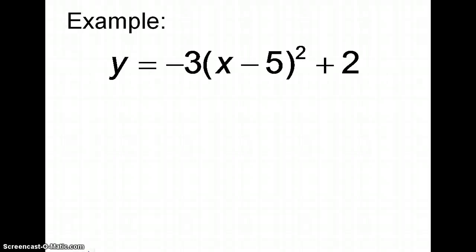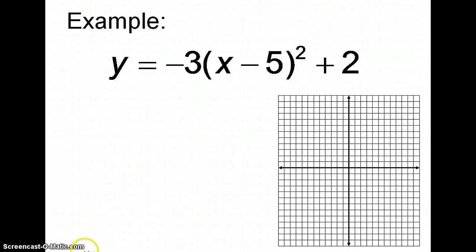So let's take a look at an example in this form. This form seems to be a little bit faster, okay? So we can find the vertex. Well, first we'll say, well, it opens down because that's negative, okay? The vertex is (h, k). So this is h and this is k. So 5, 2. So you would graph that. 1, 2, 3, 4, 5, 1, 2.